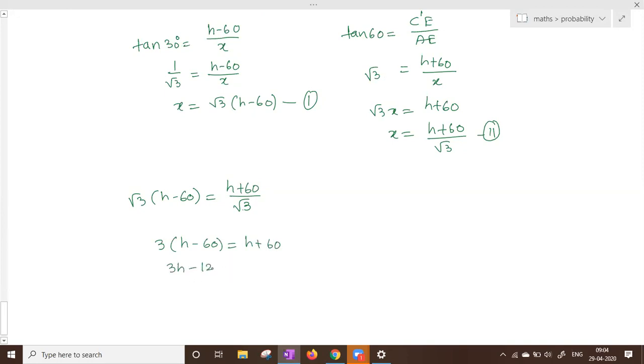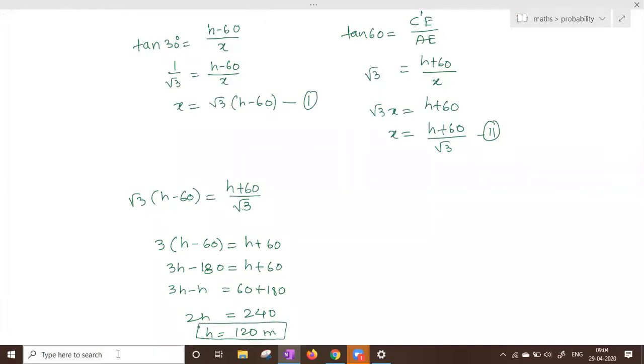So 3H minus 180 is equal to H plus 60. 3H minus H is equal to 60 plus 180. So 240 is equal to 2H. H is equal to 120 meters. So the height of the cloud above the lake is 120 meters.